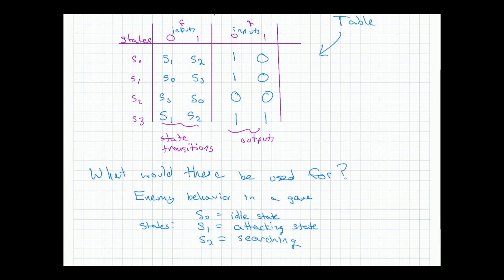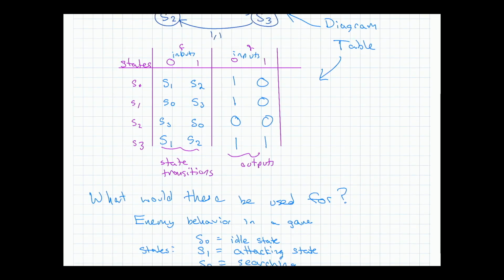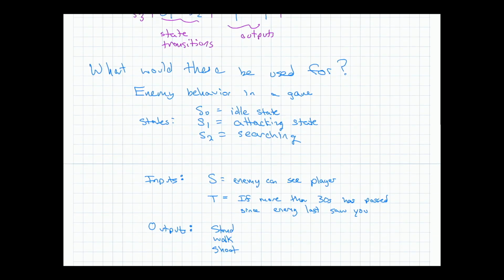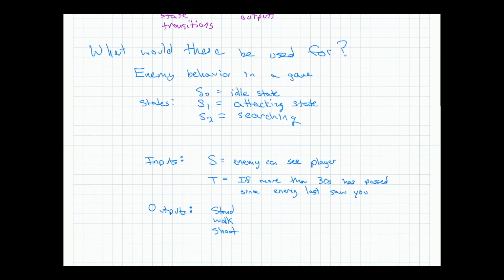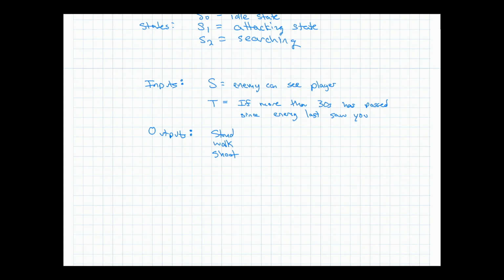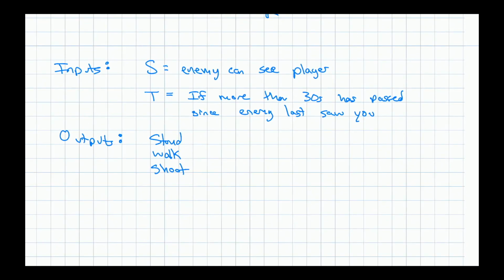Actually, yeah, no, that's fine. So the inputs are still a little bit weird here. You've got enemy can see you, and then more than 30 seconds has passed since the enemy last saw you.